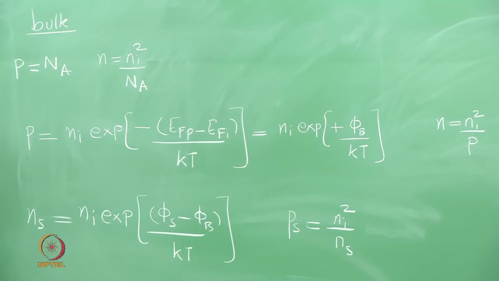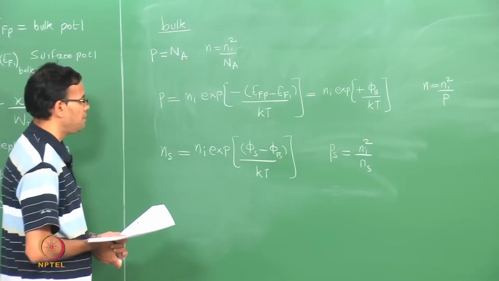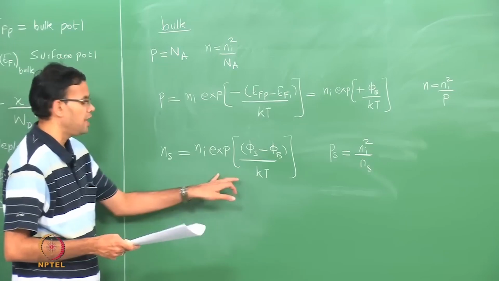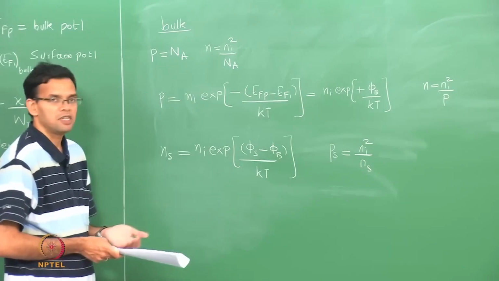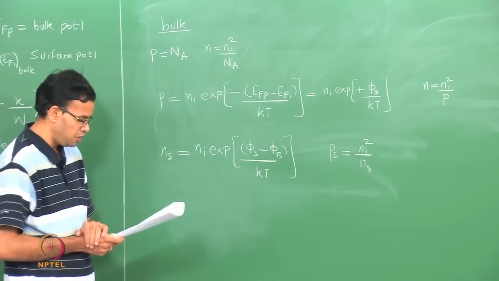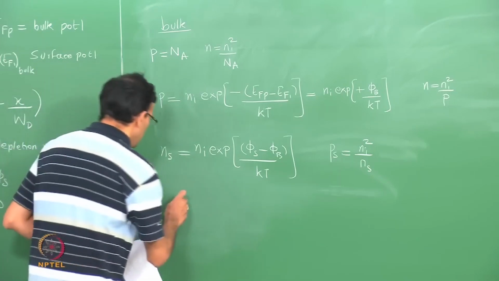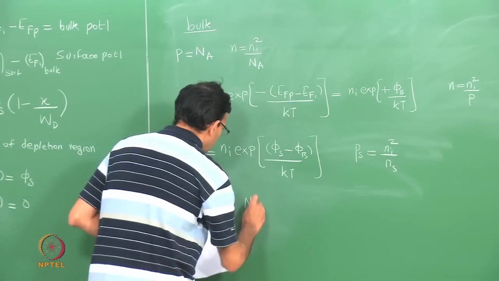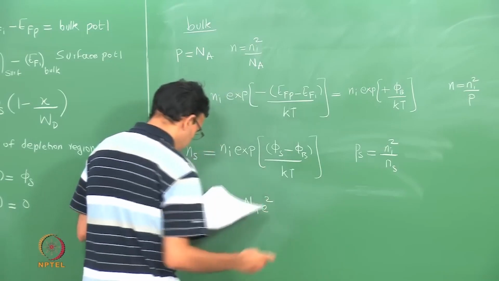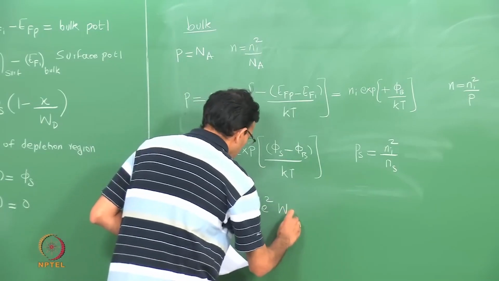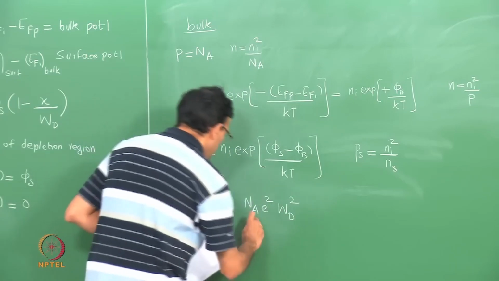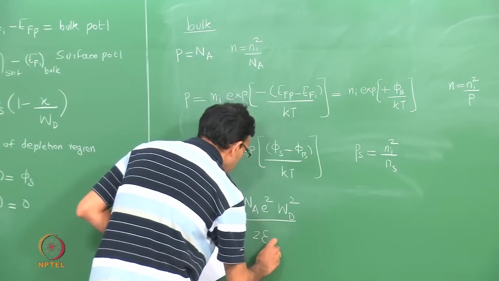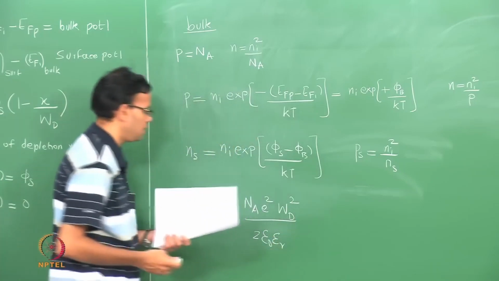This value of phi s depends upon the concentration of acceptors within the bulk p type material. So, we can relate phi s to the bulk concentration and also the width of the depletion region. If we do that, phi s is just related to Na E square Wd square by 2 epsilon naught r.